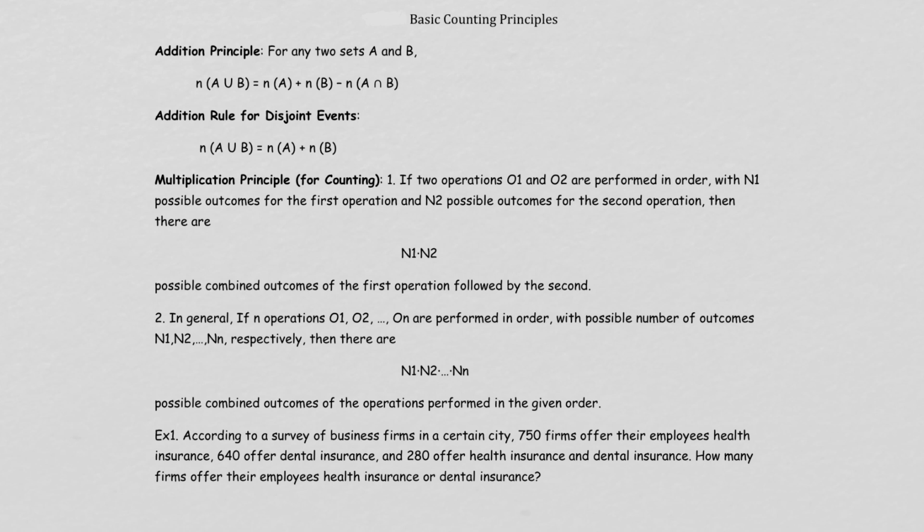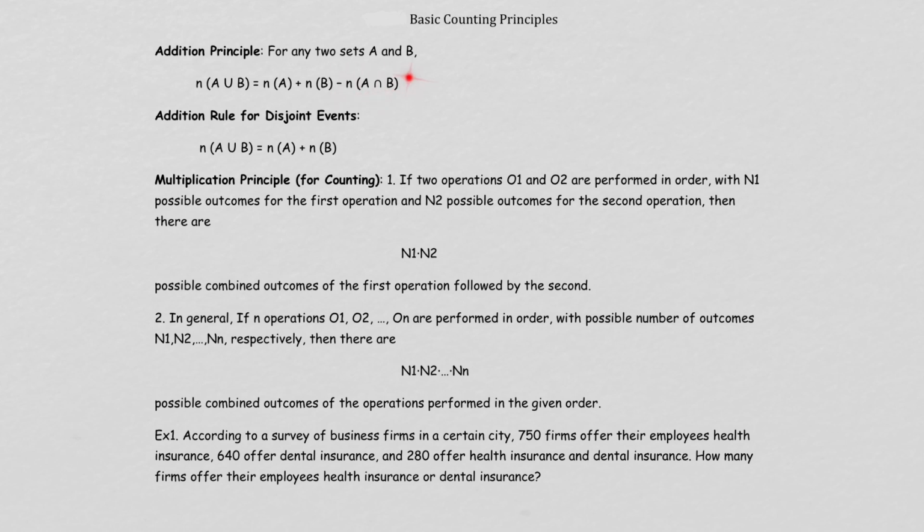The addition principle is for any two sets, A and B. If we wanted to find the number of A union B, then we will do the number of set A plus the number of set B, and then subtract the number of set A intersection B. The reason you're doing a subtraction is because when you're adding these two sets, you're using the overlapping elements twice.